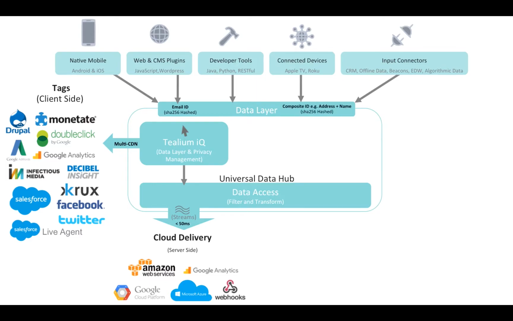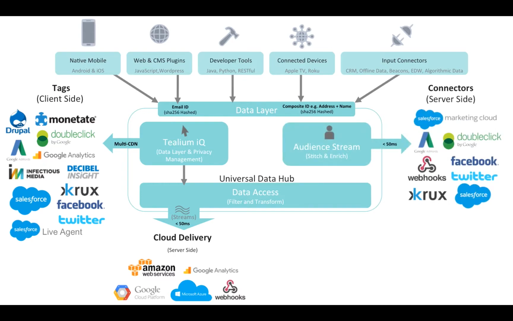We can also ingest data from offline sources, so if you have a composite ID such as address and name, again hashed, we can ingest that into our visitor stitching system called Audience Stream. And this is where we create a persistent user profile. The stitching takes place deterministically between online and offline sources, as you can see here. Think of it like a keyring.